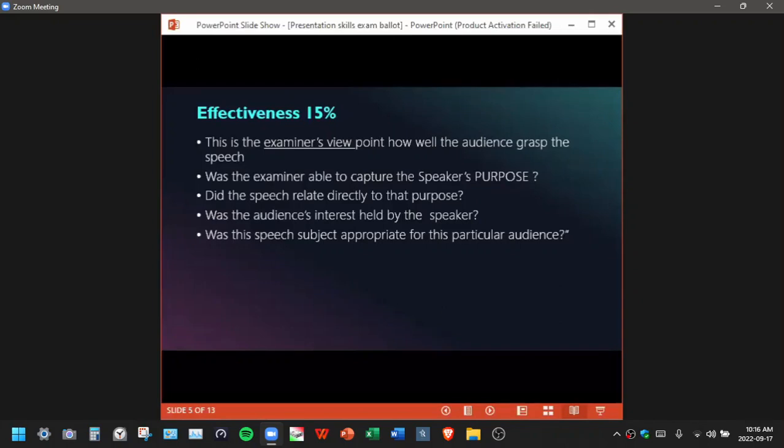And finally, whether the subject is appropriate for this audience. So make sure that the topic and the subject that you are talking about is relevant and related to the audience.